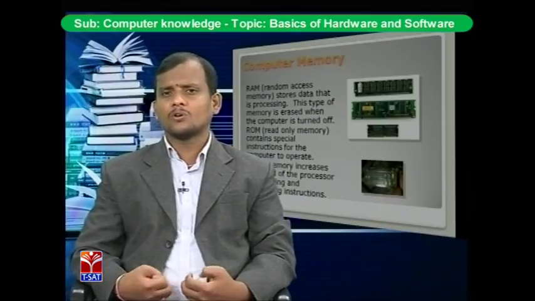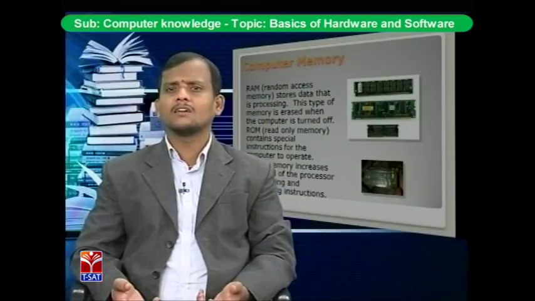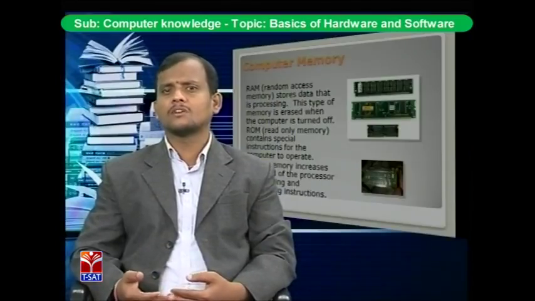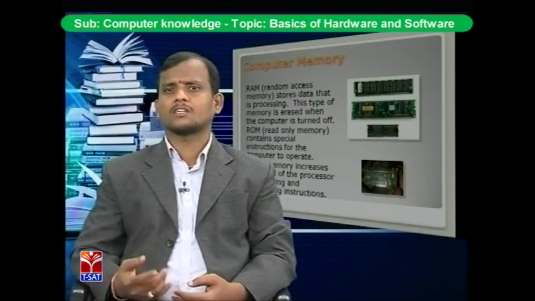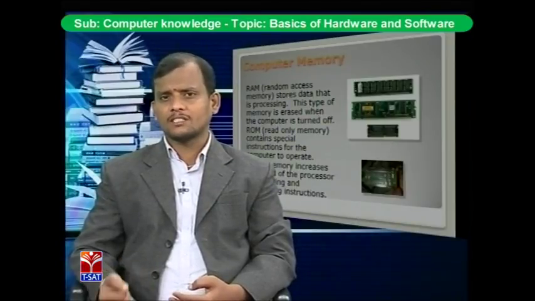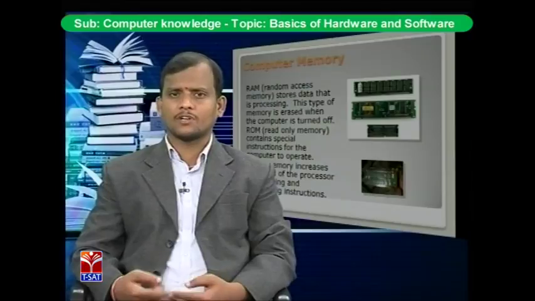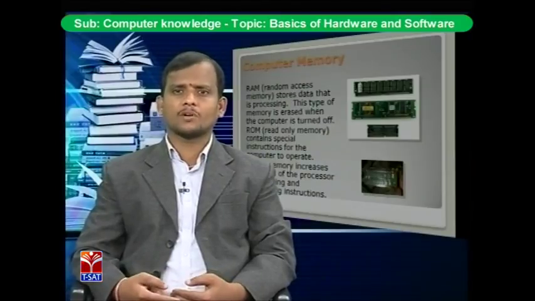Some temporary memory to hold and process those instructions. That is called RAM. So those instructions would be placed in the RAM memory. From the RAM memory, the computer will start processing them.